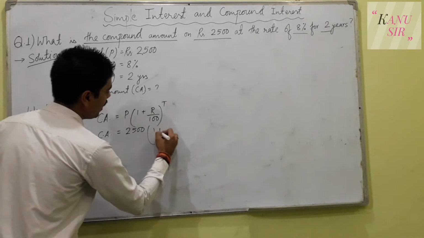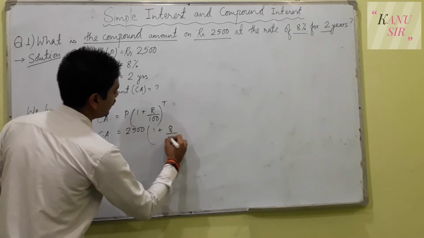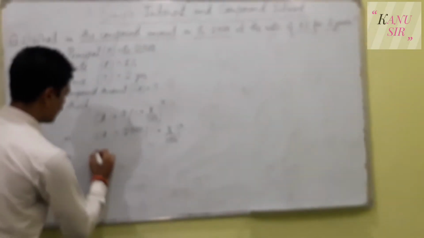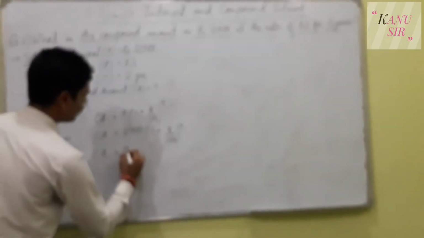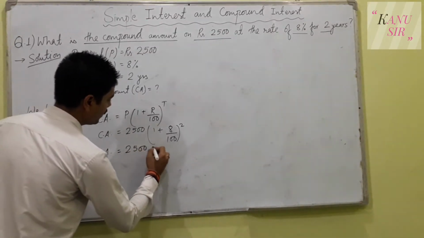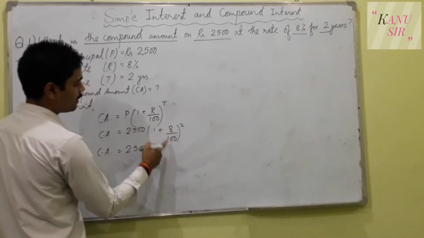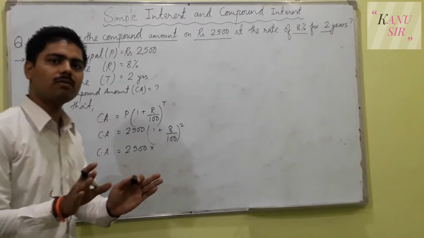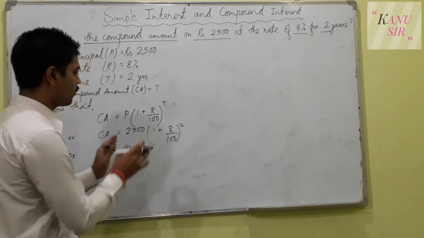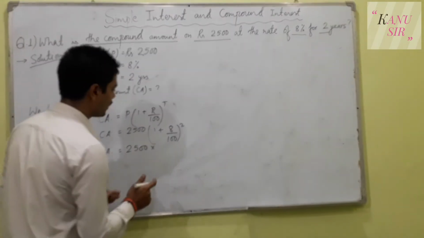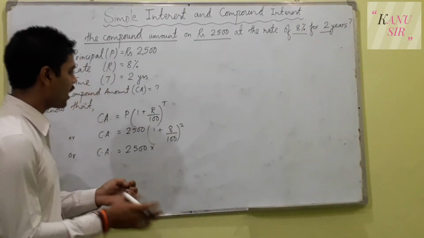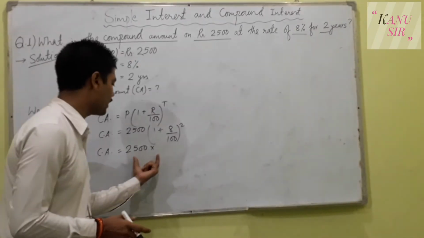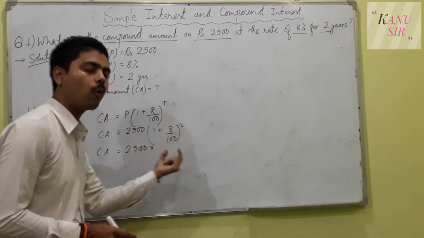Now, putting the values of all the given terms here: 2,500 into (1 plus 8 by 100) to the power 2. You have to use your calculator, it will be easy for you. I am going to work a little bit without a calculator here, but in the last case I will have to use a calculator because the values come in decimals.